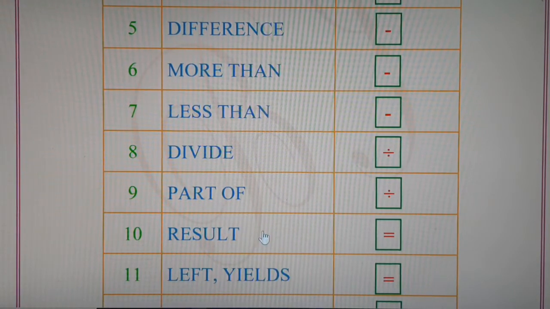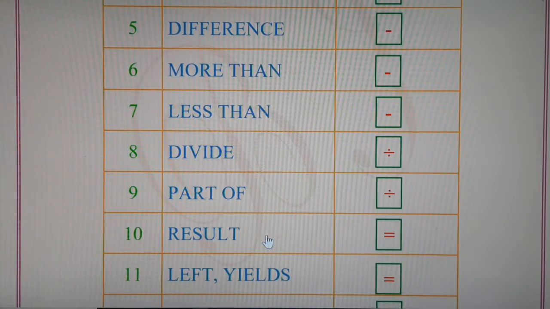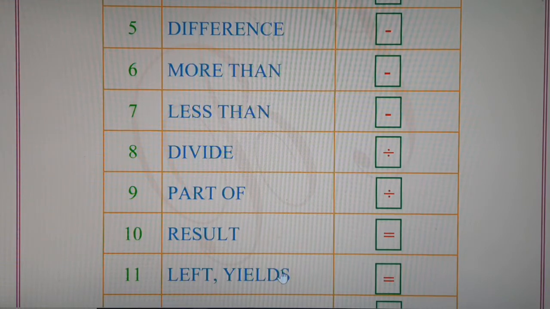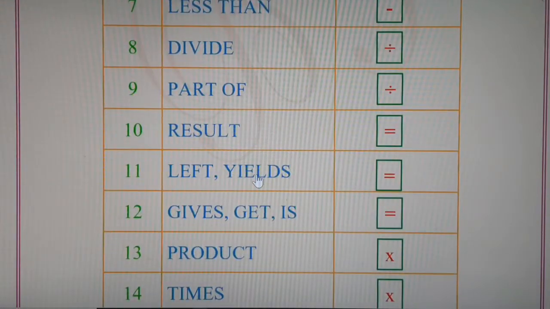Similarly, whenever the word result is used, we have to put the equal to sign. When two numbers are added, the result is 5. That means those two numbers are added and the answer will be equal to 5. The result is 5 means answer is equal to 5. Similarly, when the word left or yields, gives, gets is used, you have to put the equal to sign.